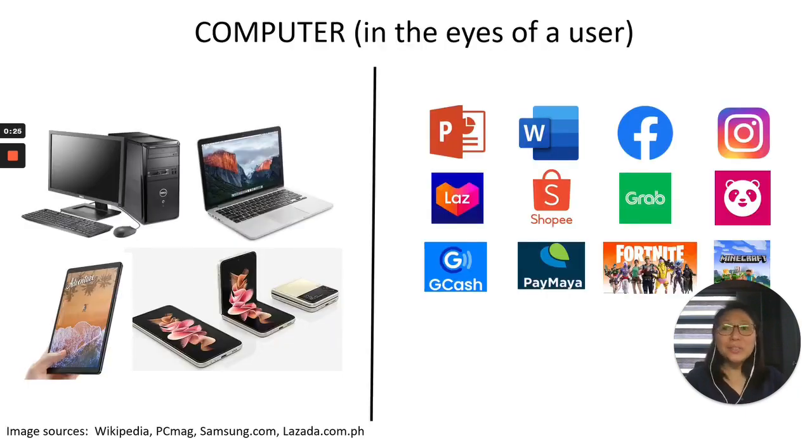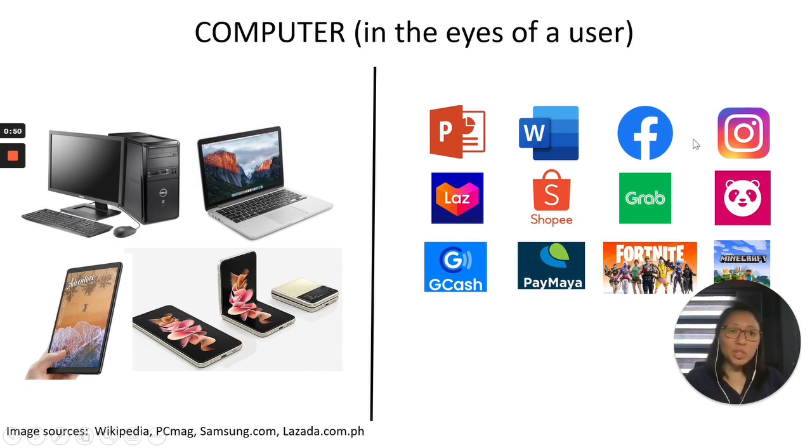So as a user, we know that computer is like this one, a desktop, a laptop, a tablet, or maybe a smartphone. And we buy and use these gadgets to access these applications. For example, we use computers to create our PowerPoint presentations, our Word documents.